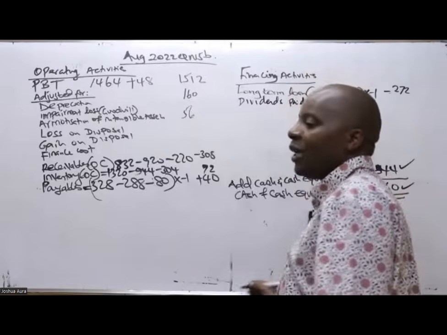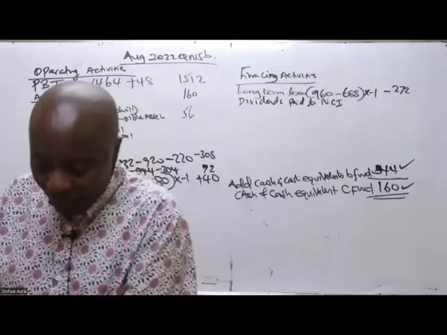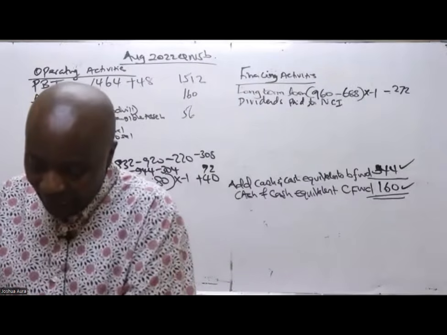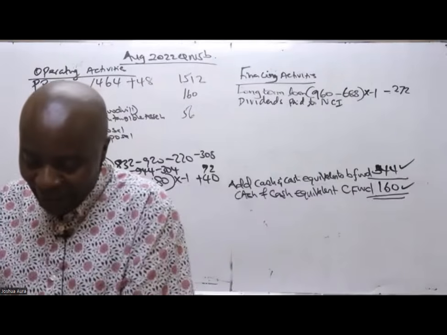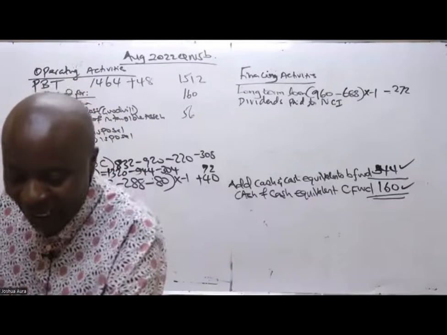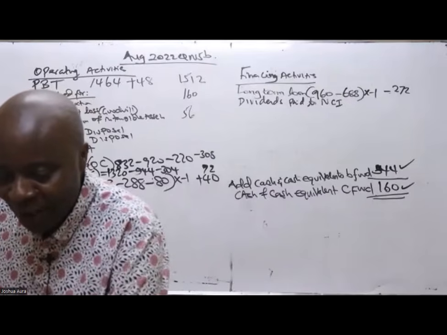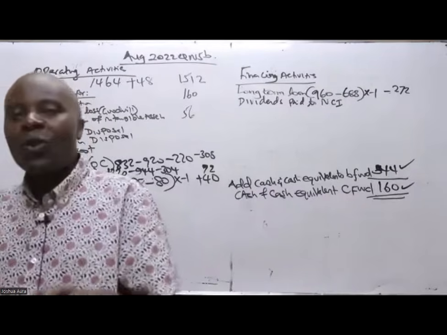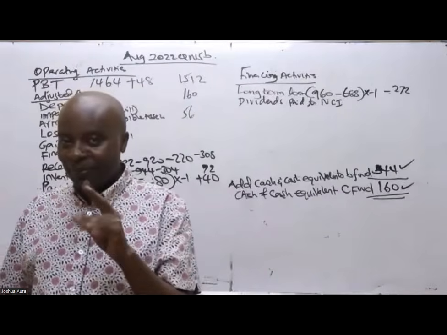So then you need a working for the NCI. NCI really, there is nothing much there. But if I'm the one doing this question, it will be very important. You know, NCI and the Goodwill, they are very much connected, those two things.